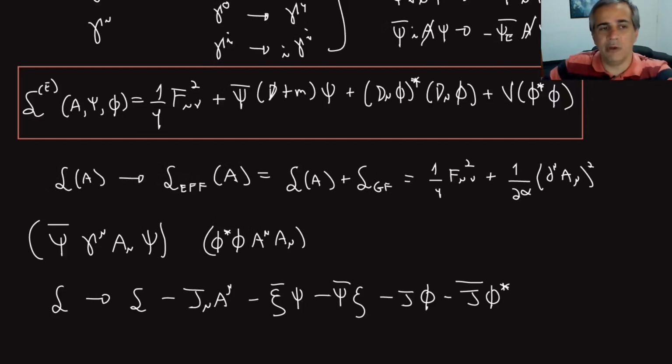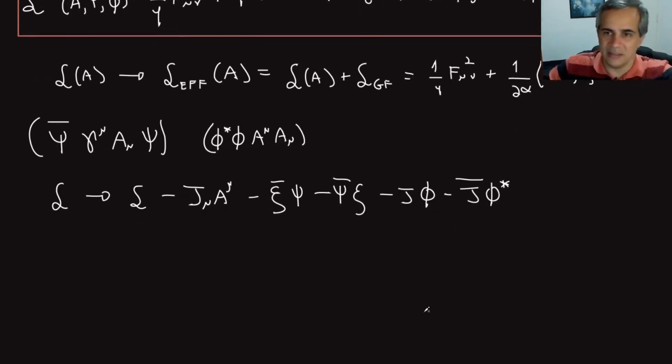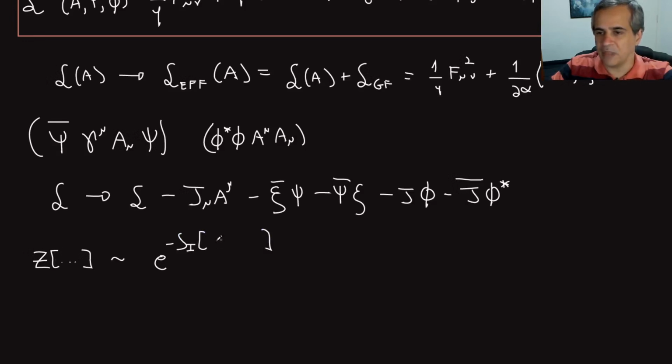That will allow me essentially to rewrite my full partition function for the theory, which is a function of all these sources, as the exponential of the interacting action, but in here instead of having the fields, I have derivatives on the sources, acting on path integrals that are now completely independent.